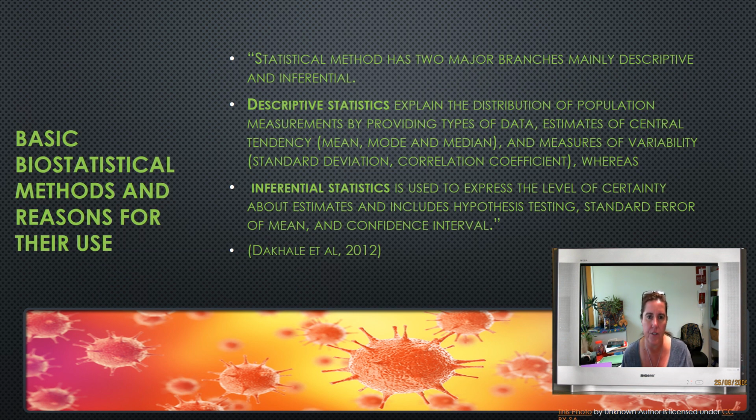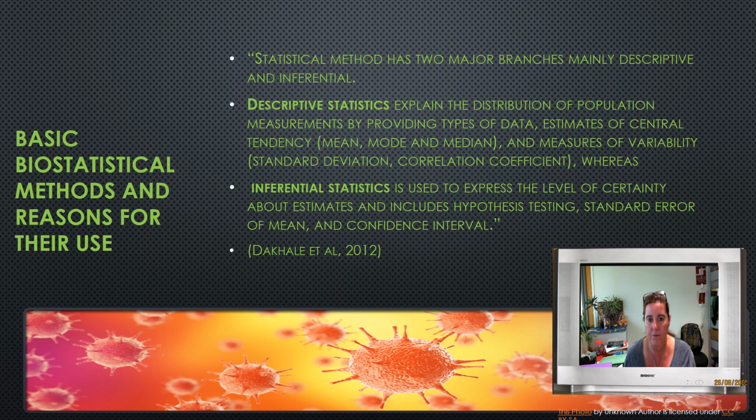I don't want to go into too much depth about the statistical methods. This is very well covered in both the information that's provided within the PDF readings and the other readings that you're directed to within Module 1. But what you do need to be very familiar with is the fact that there are two major branches for statistical methods.